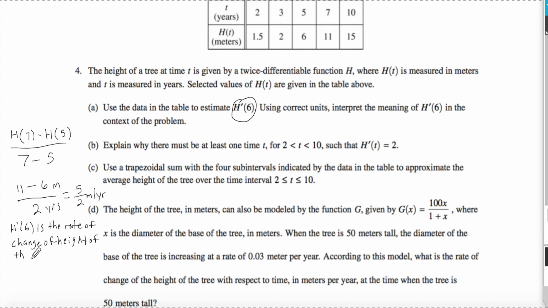So it is the rate of change of height of the tree. Then we got to specify units in meters per year.